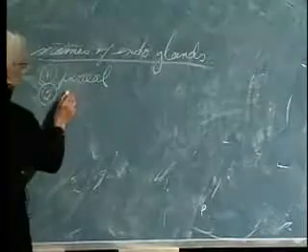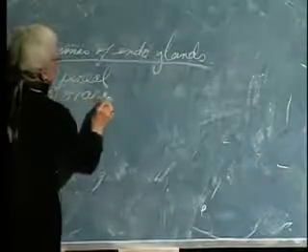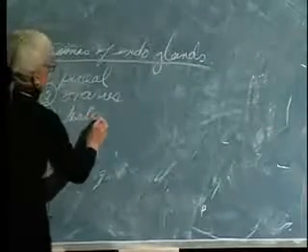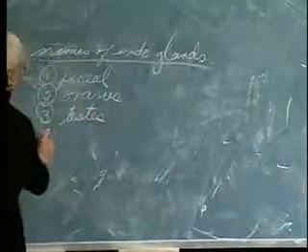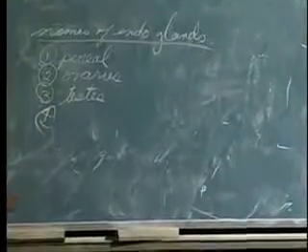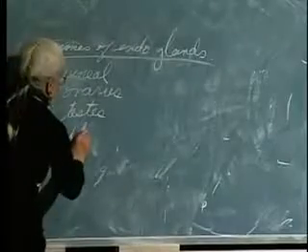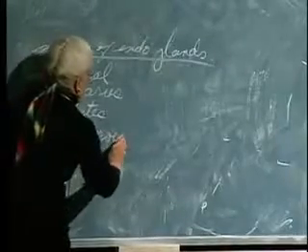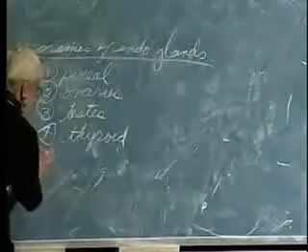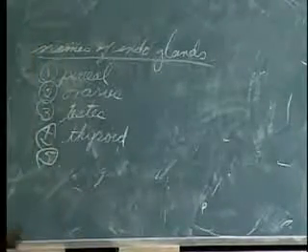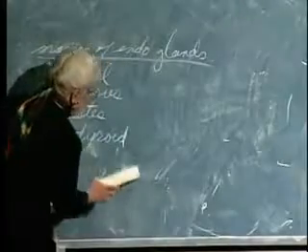Then we have the gonads, the ovaries and the testes, plural. What's the big one on the anterior aspect of your neck? Thyroid. What's on the back of the thyroid? Parathyroid. We had it with our osteoclasts.